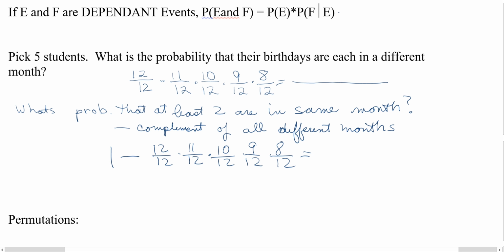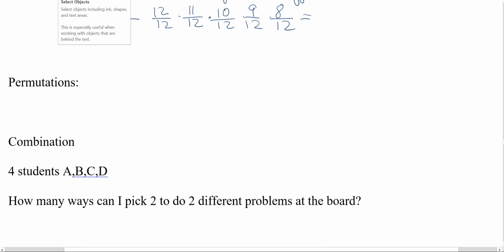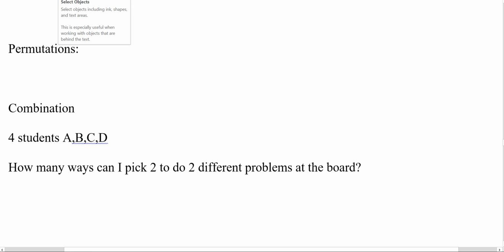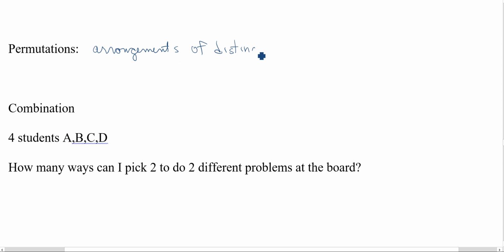But this brings us back to that idea that we had mentioned previously about permutations. And we said that permutations are arrangements of distinct objects, there are no repeats, and order matters.